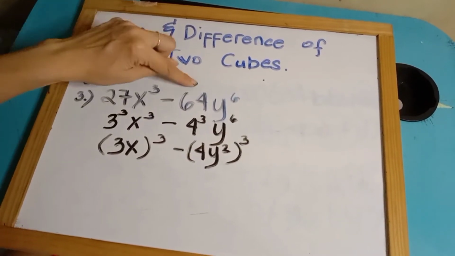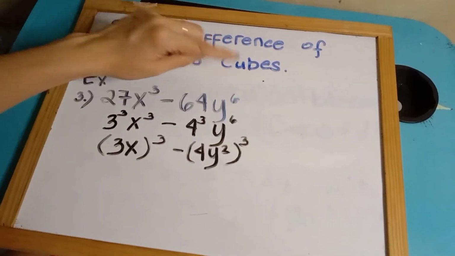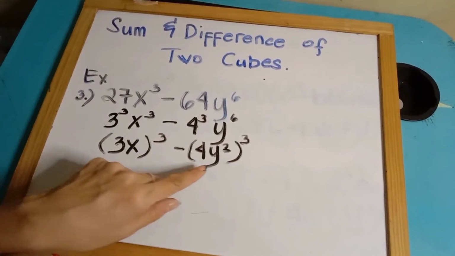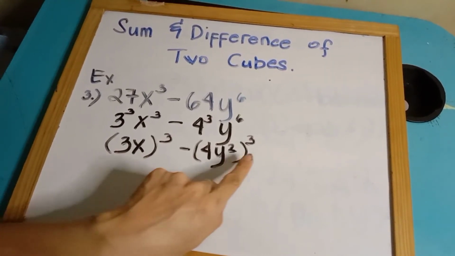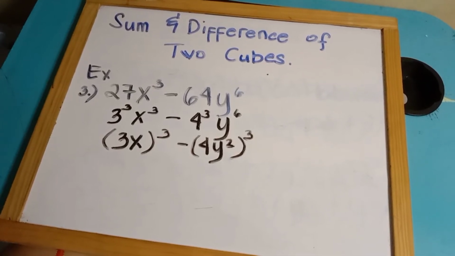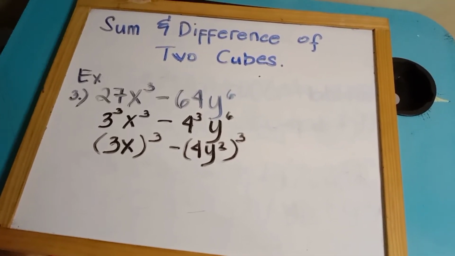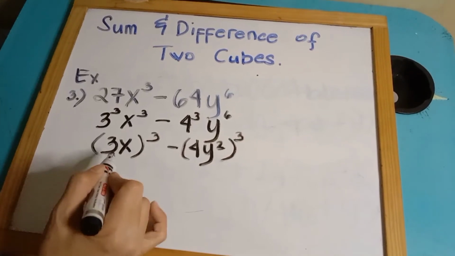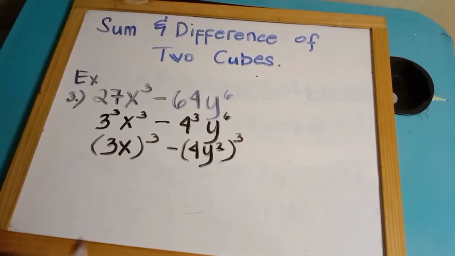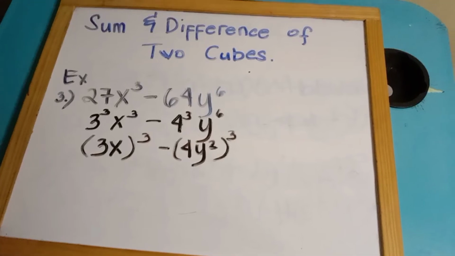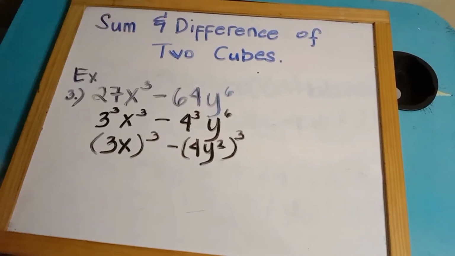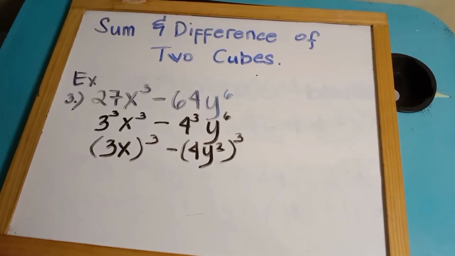So, therefore, 64y to the 6 can also be written as 4y squared raised to the third power or 4y squared cubed. Okay, now that we have both terms na naka-cube, we can now apply our difference of two cubes.